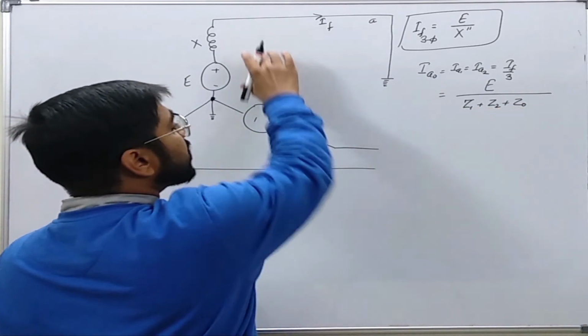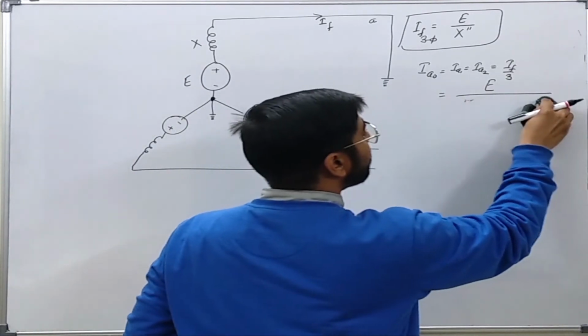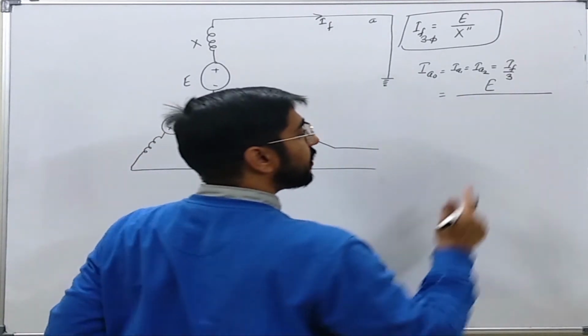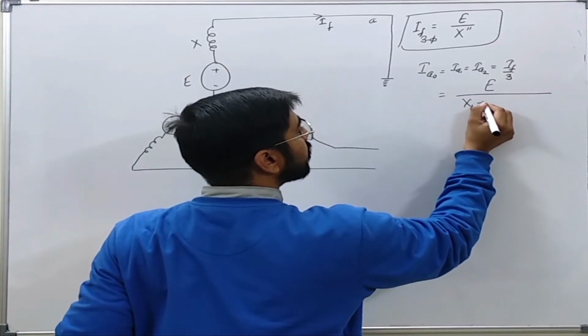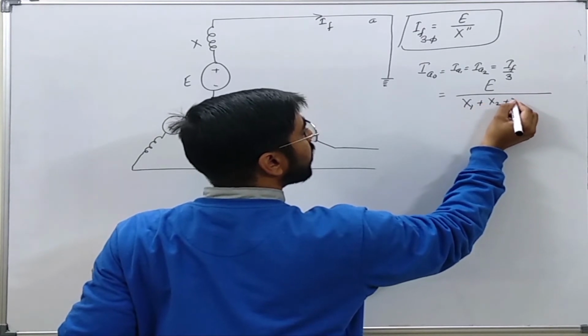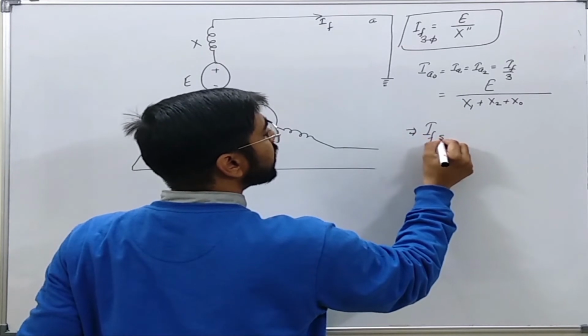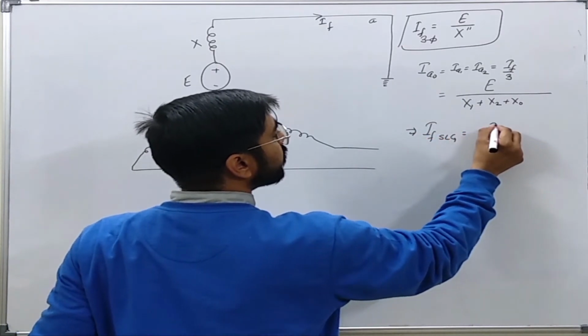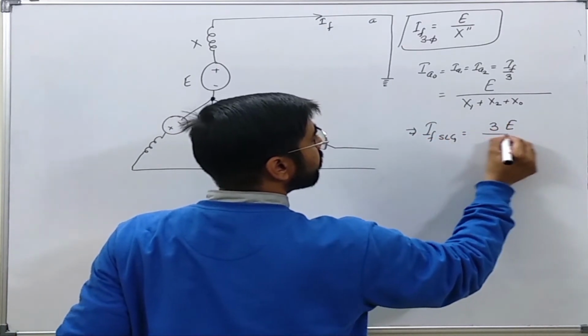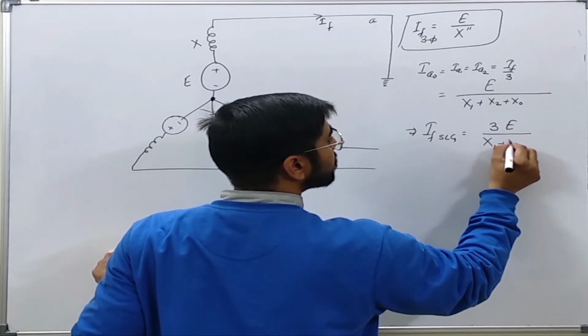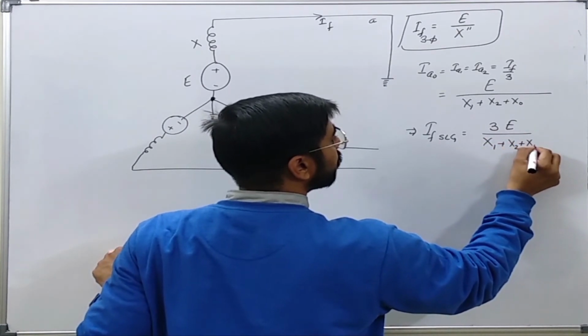Now for this synchronous machine, Z1, Z2, Z0 will be replaced by, if we neglect the resistance part, X1, X2, X0. So the fault current in the single line to ground fault will be 3 times E divided by X1 plus X2 plus X0.